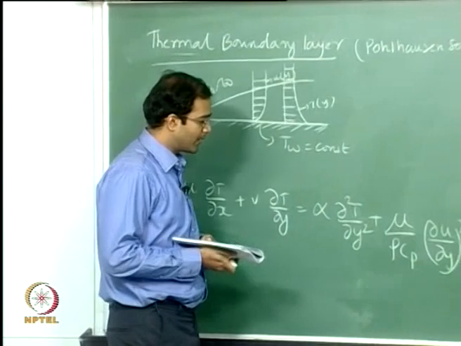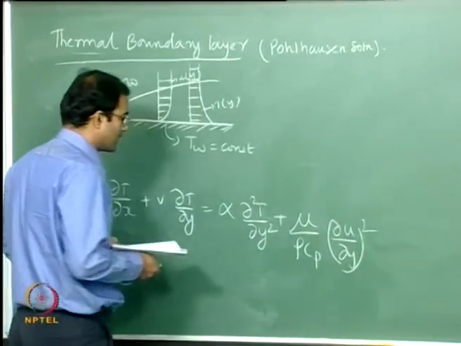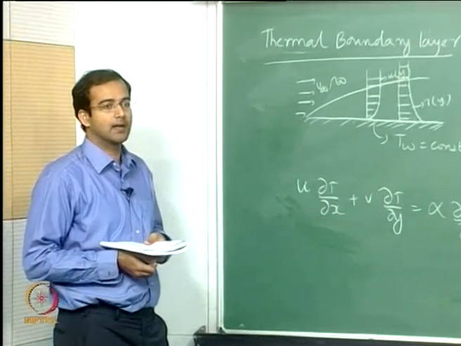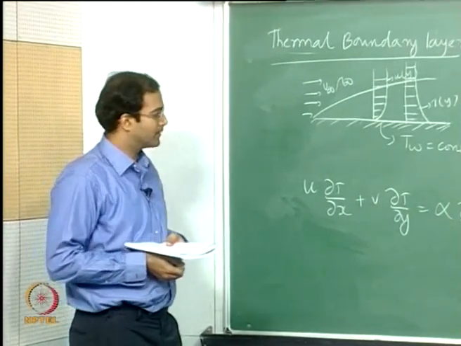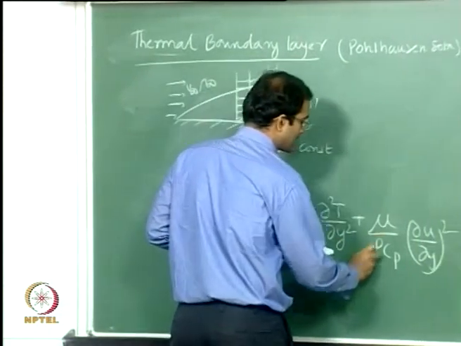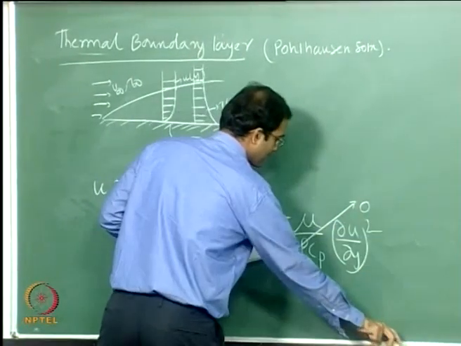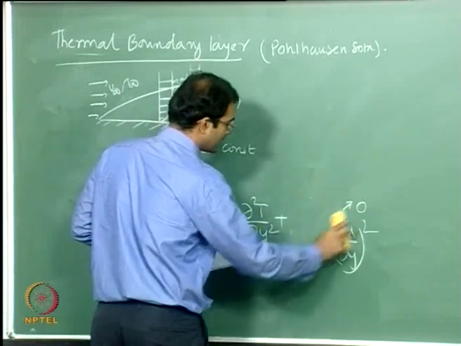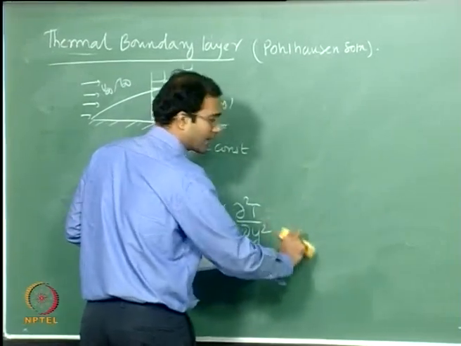So if you make an approximation that we are looking at only low speed flows and moderate Reynolds numbers, you can say safely that the viscous dissipation term can be neglected in comparison. It will not be exactly 0, but can be neglected with respect to the order of magnitude of the other terms.